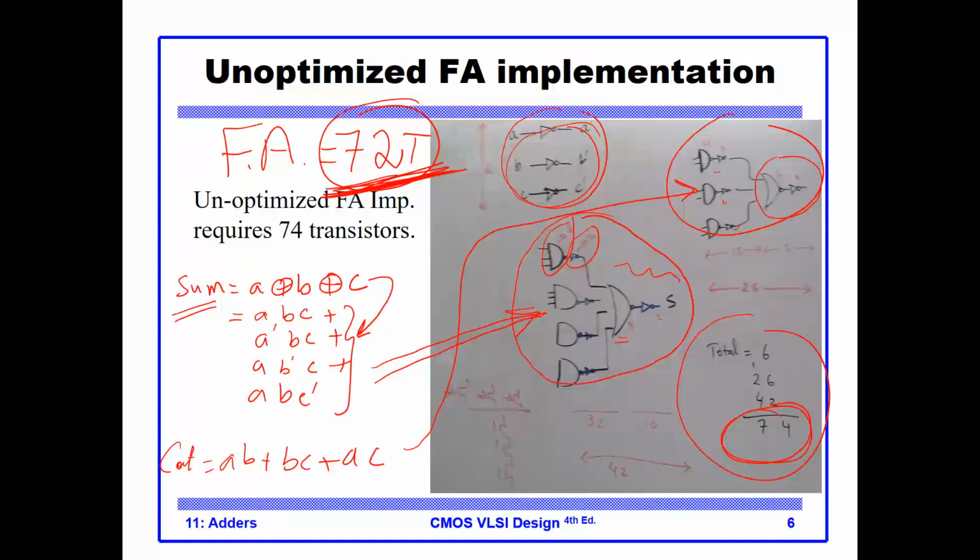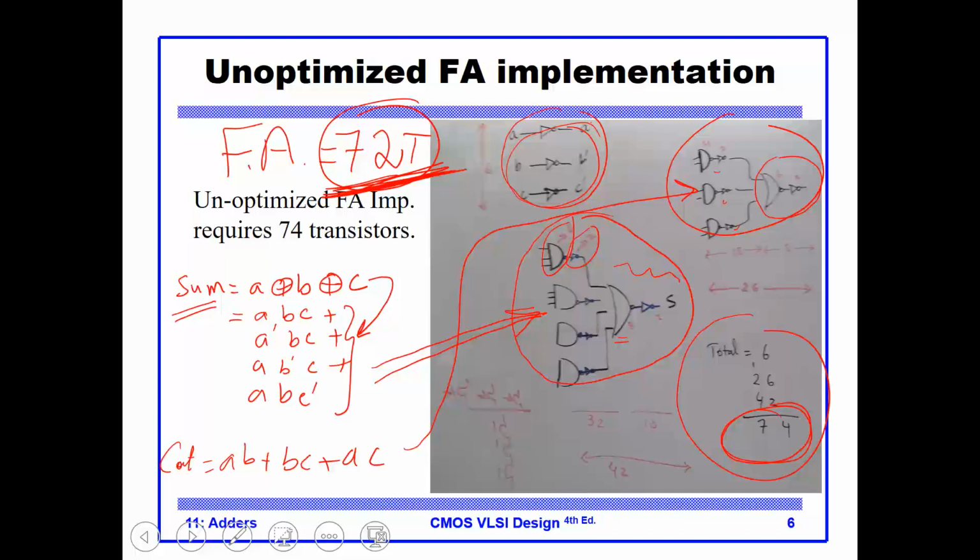We need to optimize it to the least number of transistors, because the least number of transistors means the least area, least power, and least energy. We need to squeeze the last transistor out of this thing so that we can optimize the design. So let's take a look at what we can do in the next couple of slides.